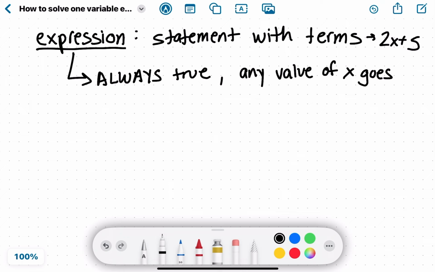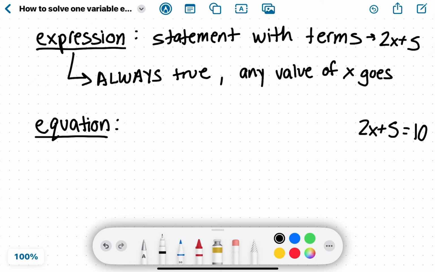More than likely, an expression is always going to have some sort of result. Now, an equation is basically an expression with a preset result, meaning 2x plus 5 equals 10. So the formal definition of an equation is an expression that equals something.